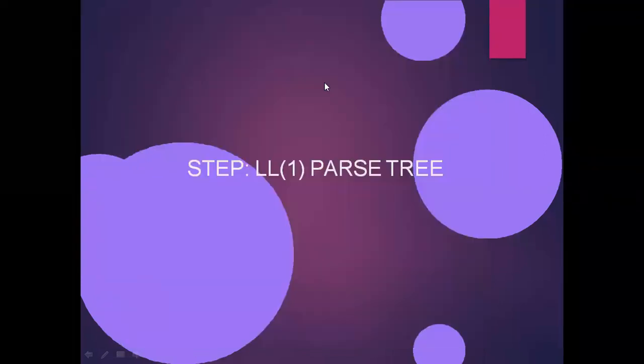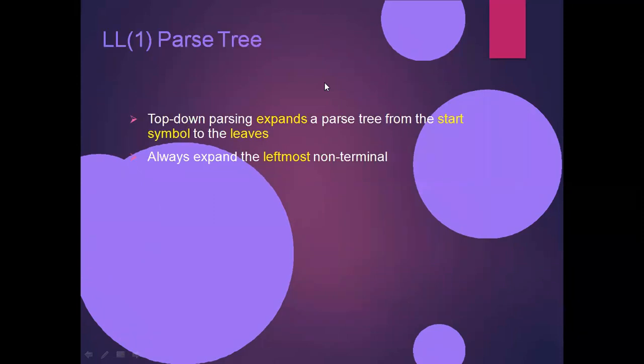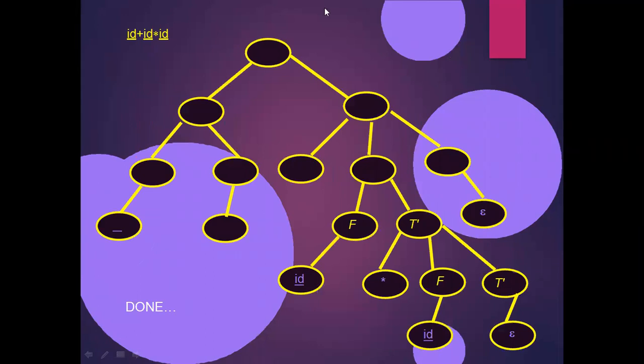And the last one is the parse tree representation. Whatever we did for generating the input string ID plus ID star ID, this is the representation of it, starting with a root node E. This is the overall representation of the parse tree, right?